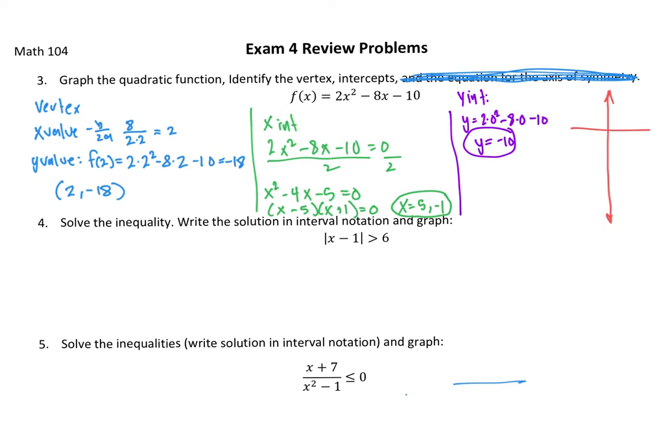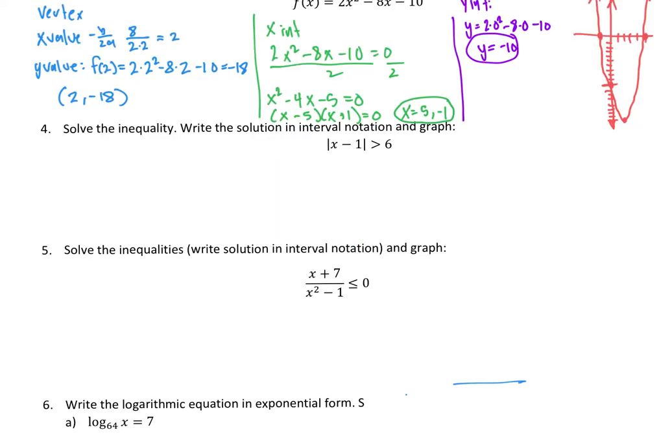I do need to go to negative 18. So my vertex is 2, -18. My x-intercepts are 5 and -1. And my y-intercept is -10. So if I sketch this out, we go down here, and then up there, and that is our quadratic function.